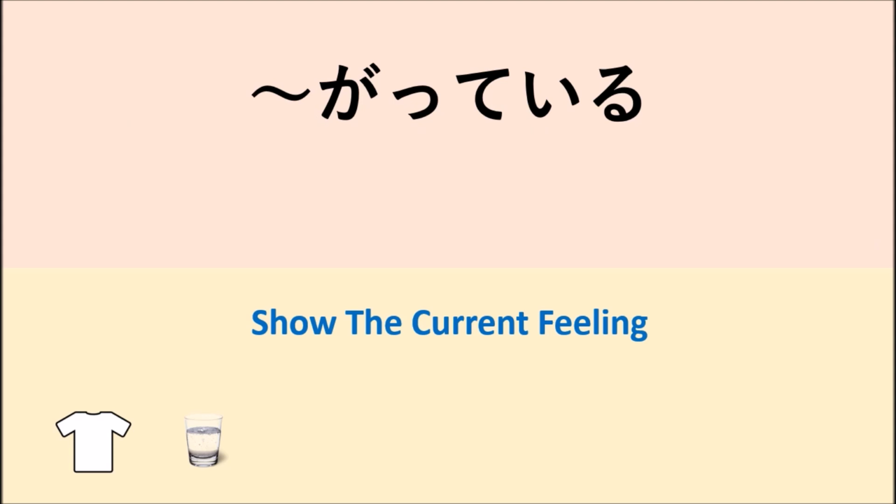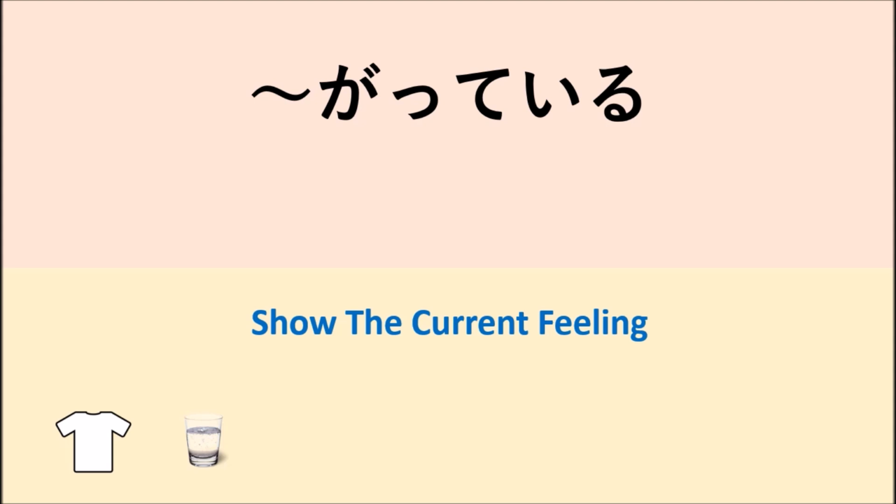And now let's see what about 何々がってる。何々がってる is used to show a current feeling.